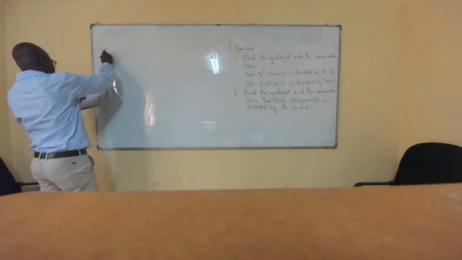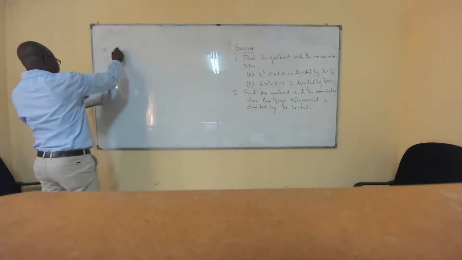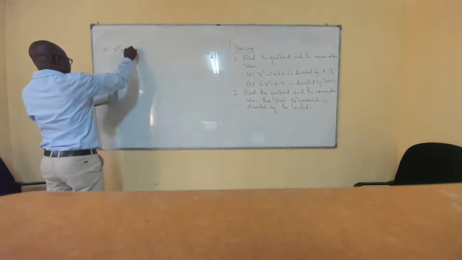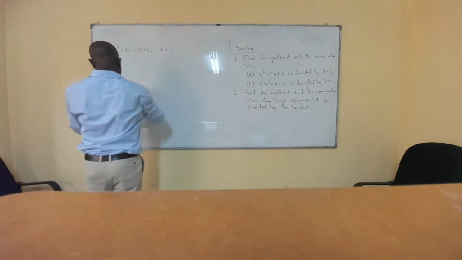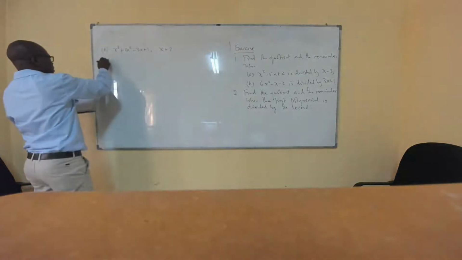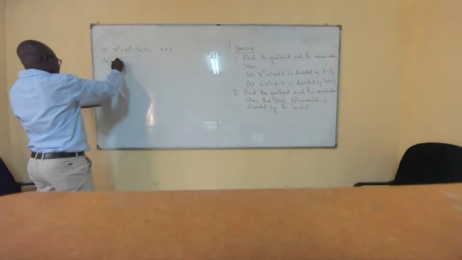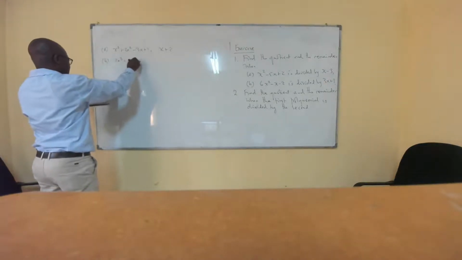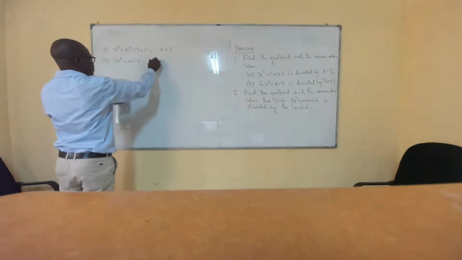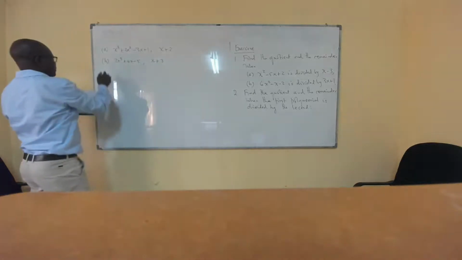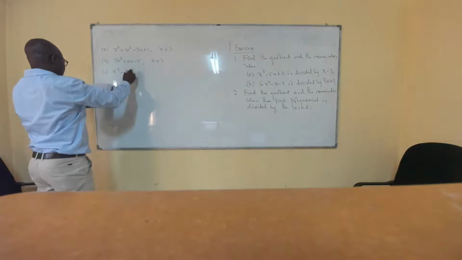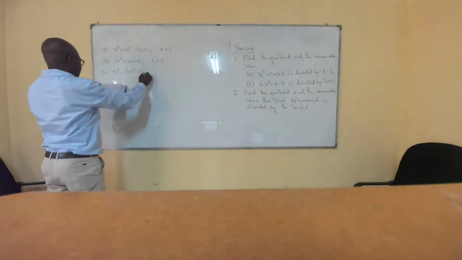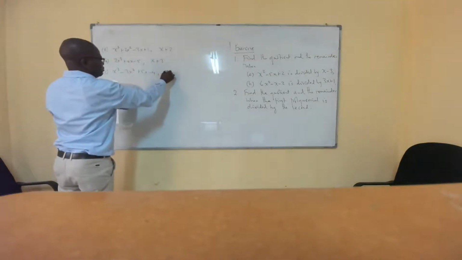A, x to the power 3 plus 2x squared minus 3x plus 1 when divided by this. B, 2x to the power 3 plus 4x minus 5 when divided by this. C, x to the power 3 minus 3x squared plus 5x minus 4 when divided by this.